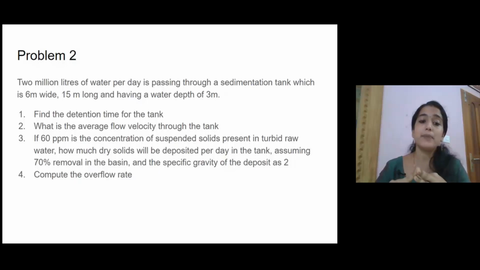If 60 ppm is the concentration of suspended solids present in turbid raw water, how much dry solids will be deposited per day in the tank, assuming 70% removal in the basin and the specific gravity of deposit as 2. Compute the overflow rate also. This is a little bit confusing design question that also we will discuss in the next session.